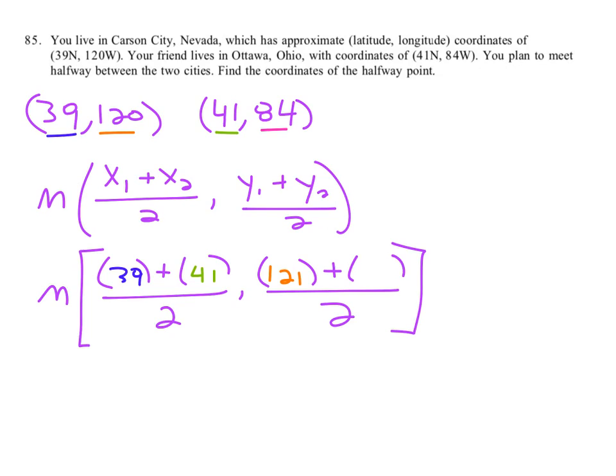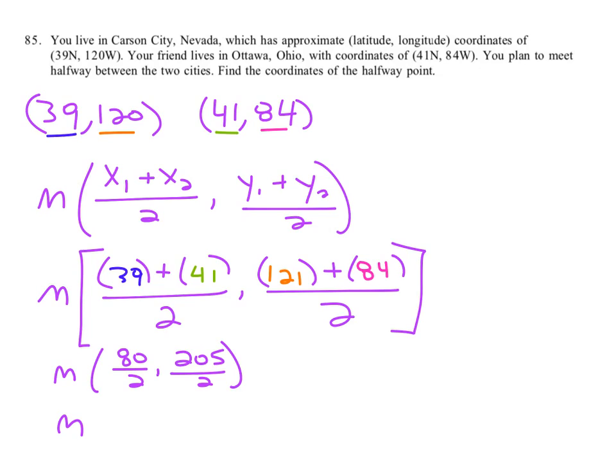And if this one was y2, it's 84 right here. So when we average these, we're going to say M of 39 plus 41 is 80 over 2, comma, 120 plus 84 is 204, and we're dividing by 2.